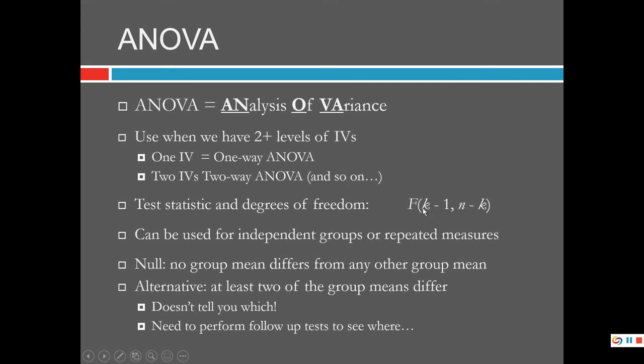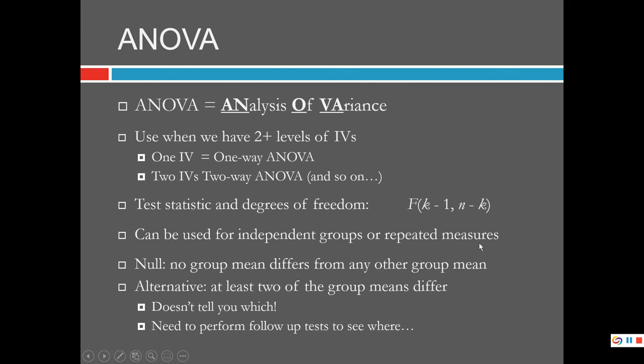So K represents the number of groups, N is the total number of participants. So if you have a one-way ANOVA with 2 groups, that's 2 minus 1. If you have a one-way ANOVA with 3 different groups, that'd be 3 groups minus 1. So that affects that first number here. And if you had 300 participants minus 2 groups, then you'd have 298 right here, right? And that comes out in the SPSS output.